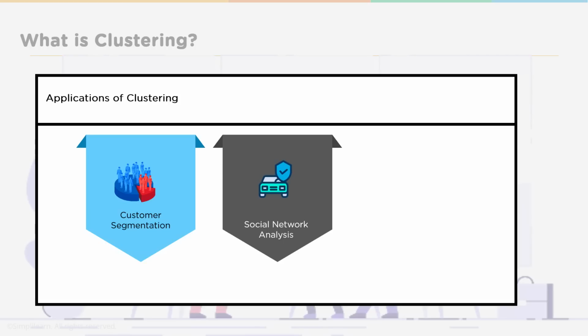So what is clustering? Well, the applications of clustering are pretty numerous. We have things like customer segmentation: what people kind of belong together, how do we group them together? We have social network analysis. So with social networks, we might look at sentiments. What group of people like something? What group of people don't like something? And then we can use those sentiments to suggest new sales for them.